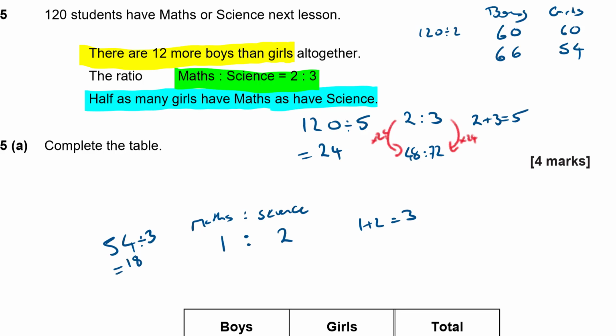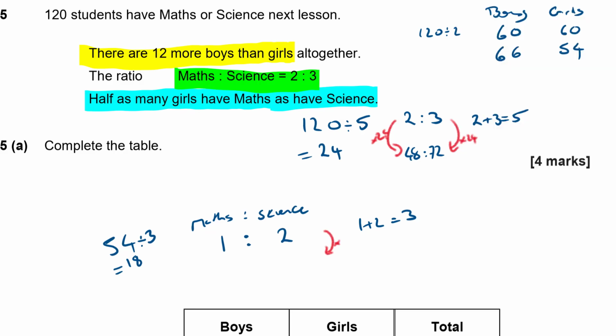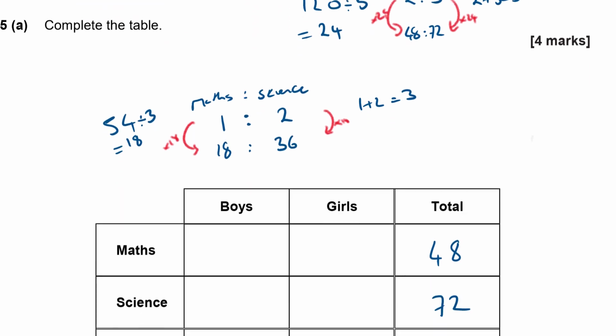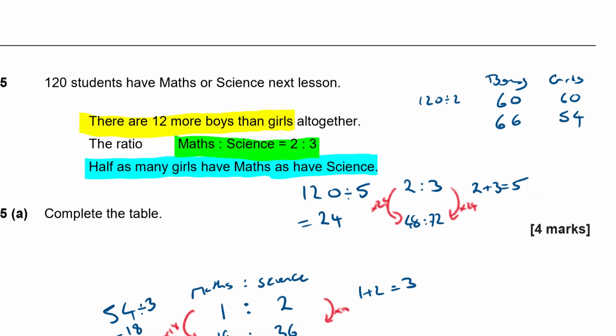So then multiplying back my ratio of 1 to 2 by 18, well, 1 times 18 is 18, and 2 times 18 is 36. So there must be 18 girls doing maths and 36 girls doing science.